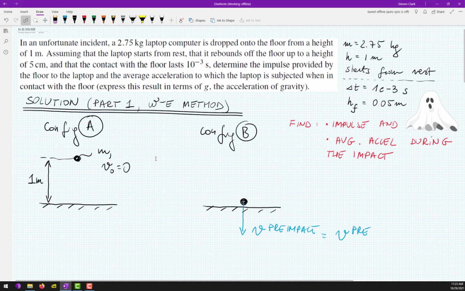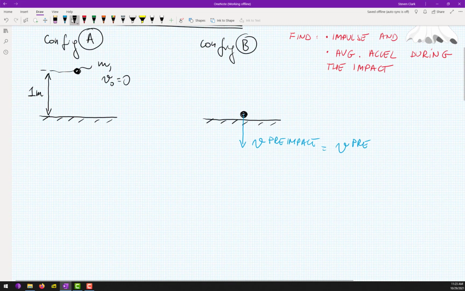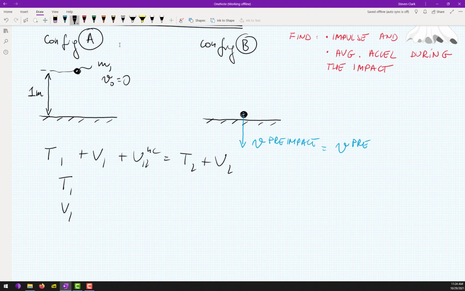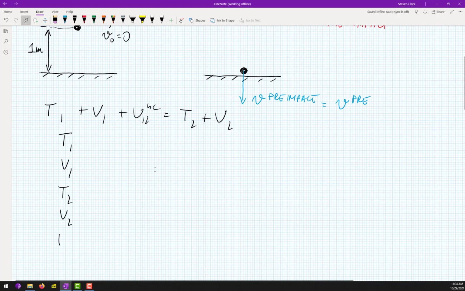Okay, we're done with our beautiful drawings. Now let's use the work energy method to figure out what is v pre. So we will write T1, V1, and we will find these 5 guys: T1, V1, T2, V2, U12 non-conservative. Our laptop starts from rest, so this is 0 here.